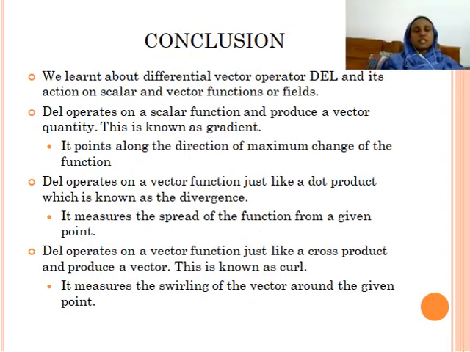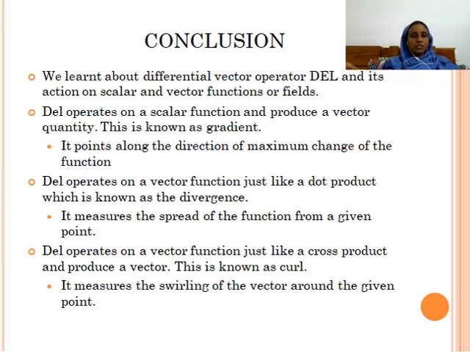Now, in this lecture, we learned about differential vector operators and their action on scalar and vector functions over fields. If this vector differential operator acts upon a scalar field, it produces another vector.